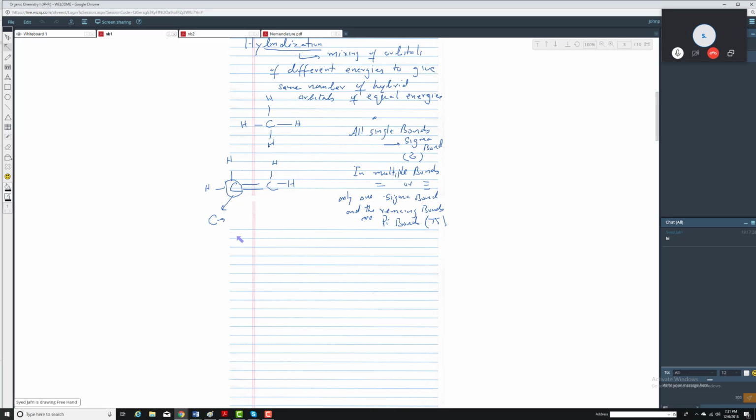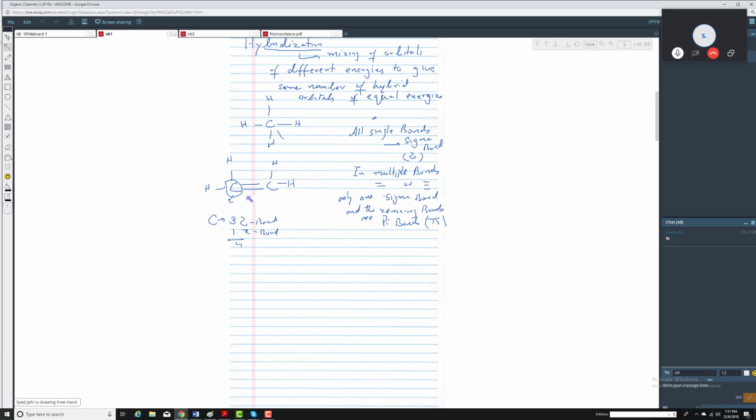This is not a bond, this is an arrow I am using. I am asking about this carbon. 3 sigma bonds and 1 pi bond. That's correct. And the total is still 4.